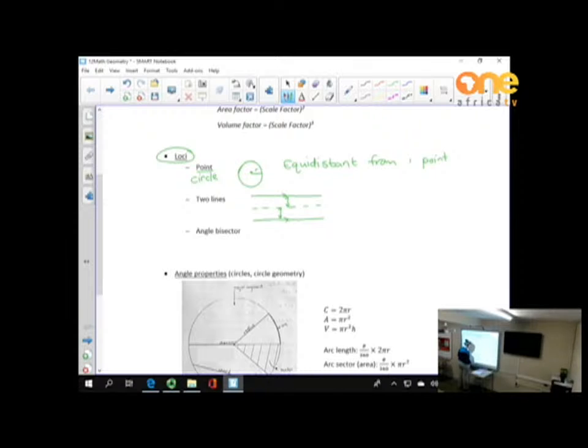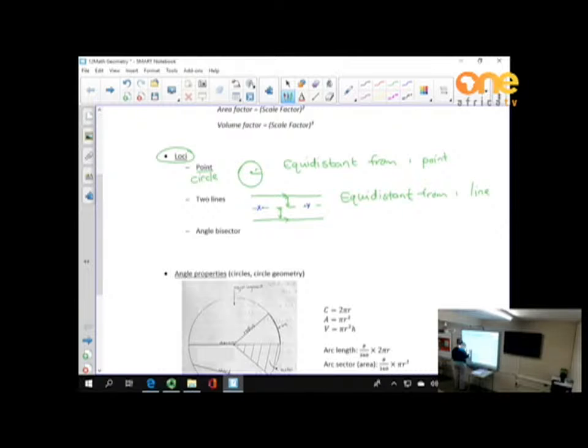So for example, you will have 1 point X there and 1 point Y there, and they will be equidistant from one line. So they are parallel lines, equidistant from one line.